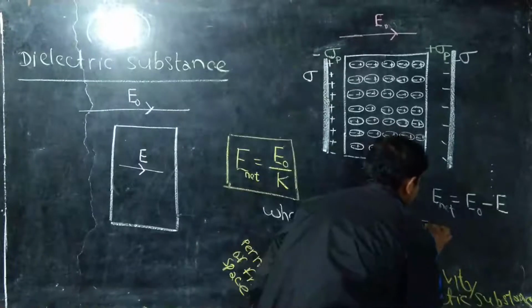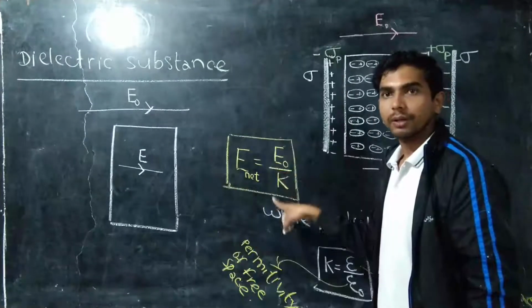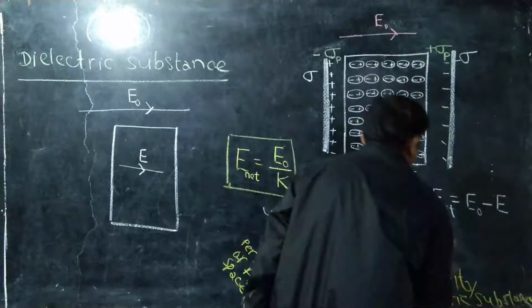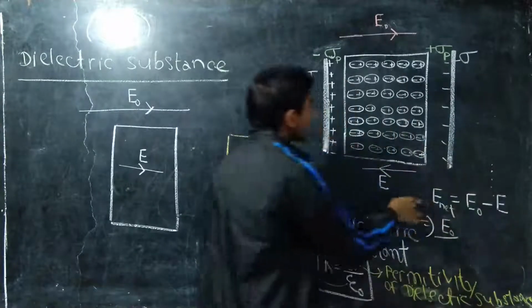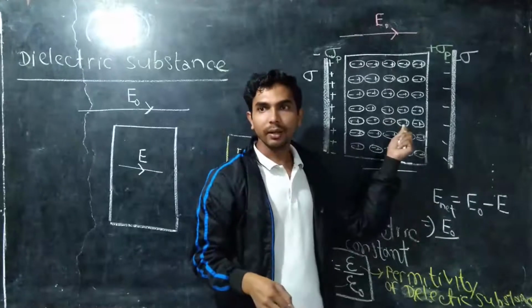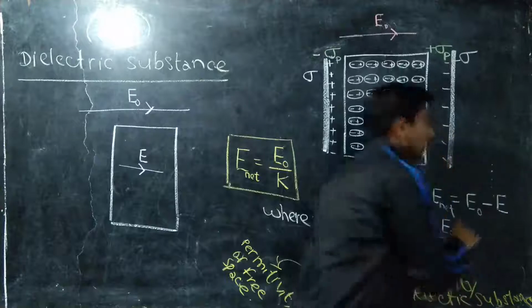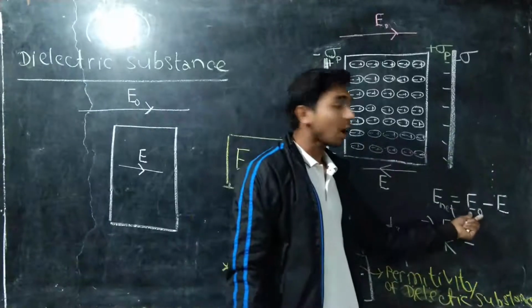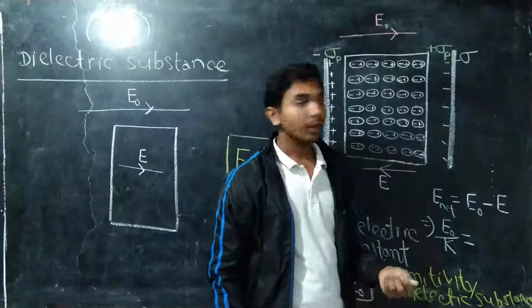Now E net is the net electric field inside the dielectric, and this is E naught by K. How much electric field do these two surfaces create?